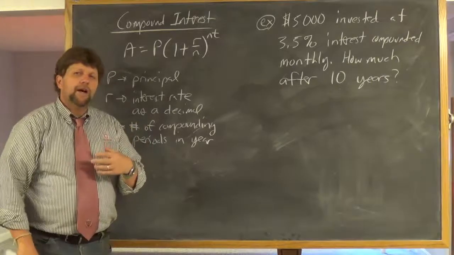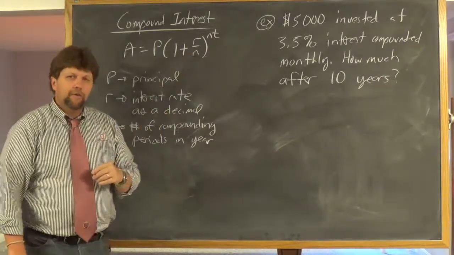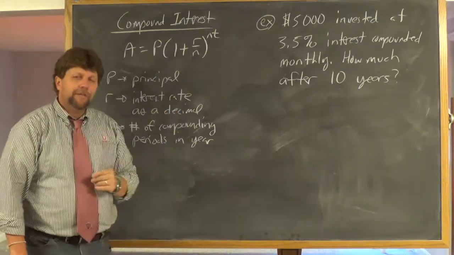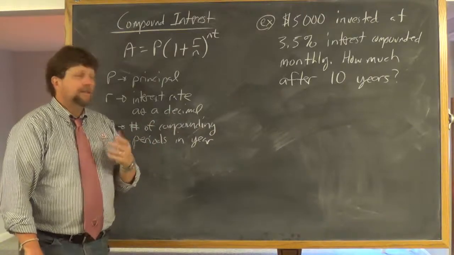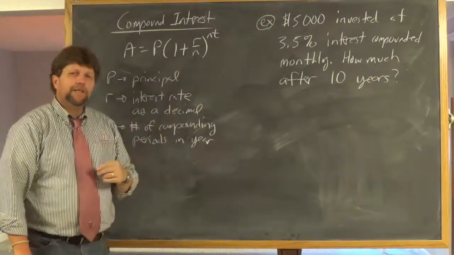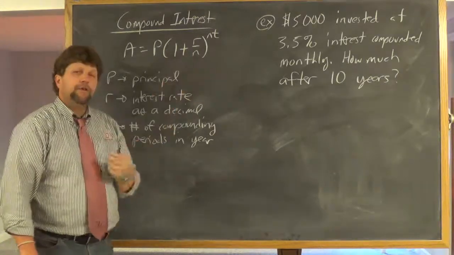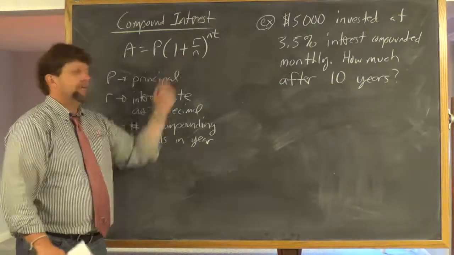So if your interest is compounded quarterly, N would have a value of 4. If it's compounded weekly, N would have a value of 52. Monthly, N would be 12. Daily, N would be 365. Semi-annually, N would be 2. Annually, that's just one time a year, N would be 1.